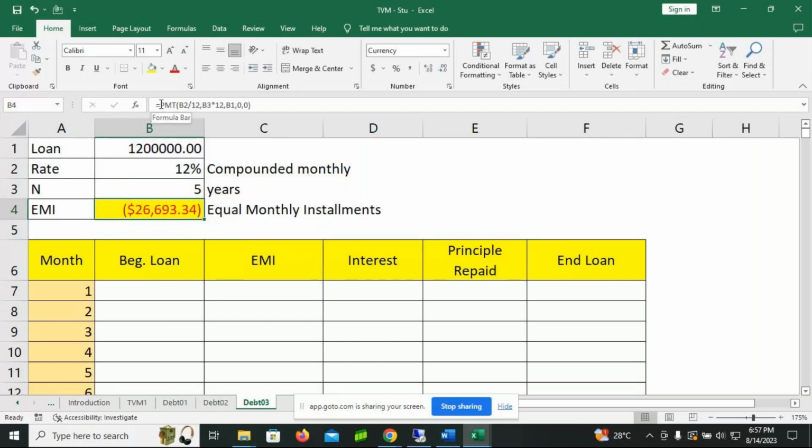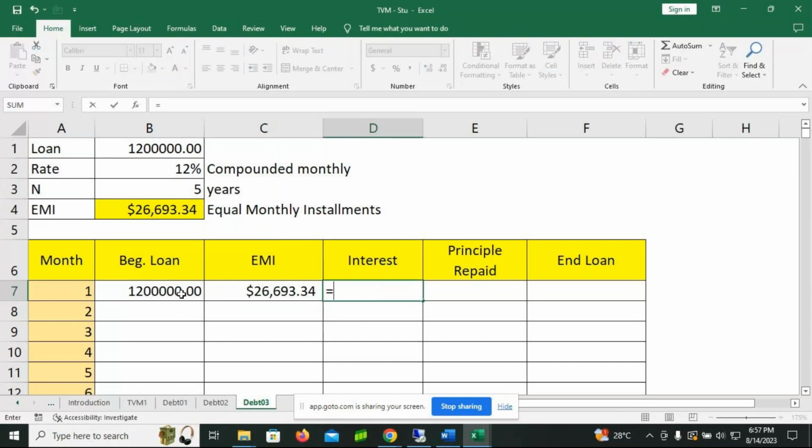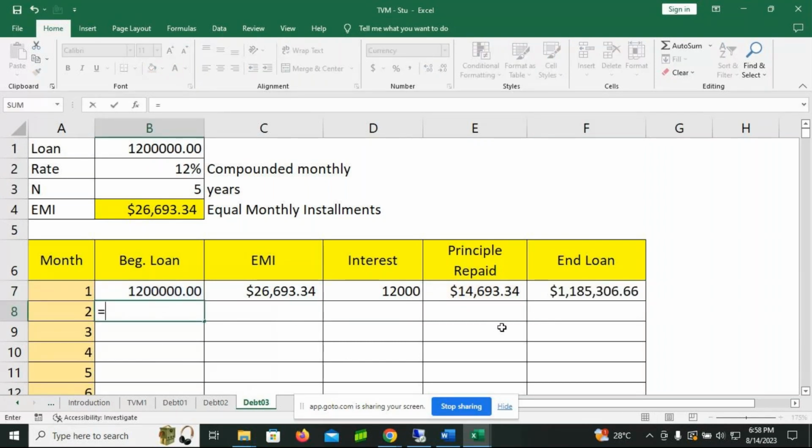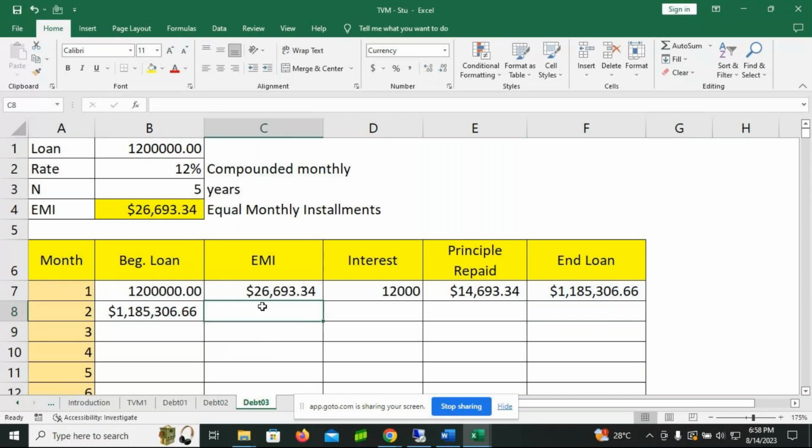Here I'll make this a minus. The beginning of the loan will be 12 lakh. Then EMI, then interest. The interest will be on 12 lakh into 12% divided by 12. Principal repaid is EMI minus interest. End loan is 12 lakh minus principal repaid. This end loan will become the beginning of the next period, and the EMI is going to remain the same.